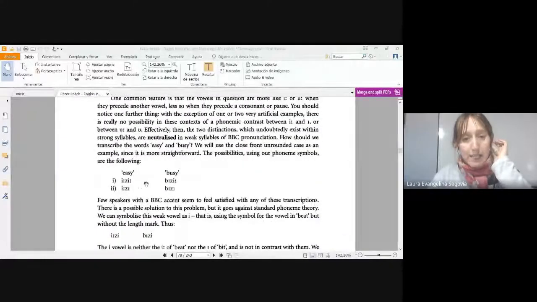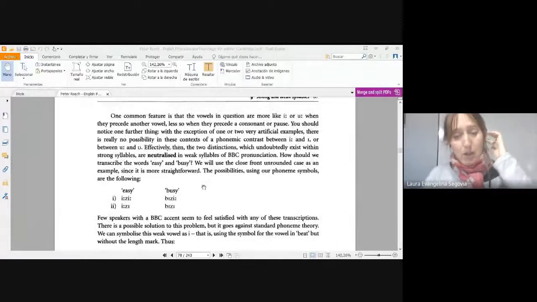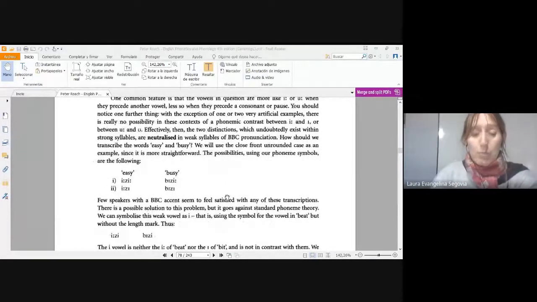In the chapter, you have some examples related to the end of words. And you have some comparative examples, for example, with these words, easy and busy. Okay? In words like easy and busy, in which both vowels are spelled E, you cannot say them with two strong vowels. It's very difficult to pronounce. It's like Japanese and English, Japanese.